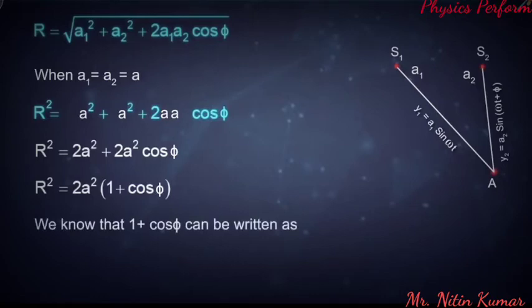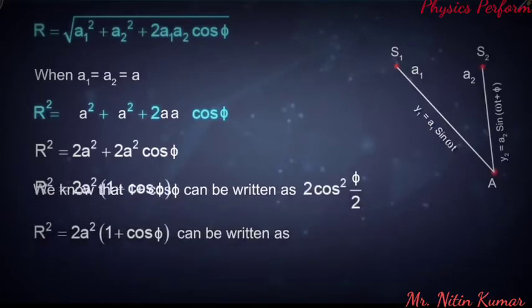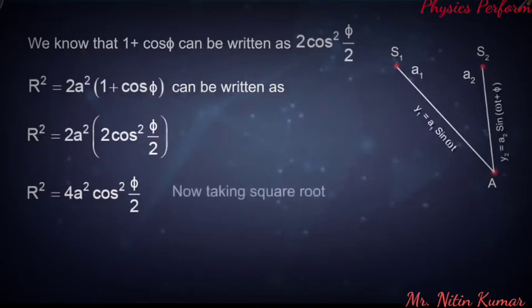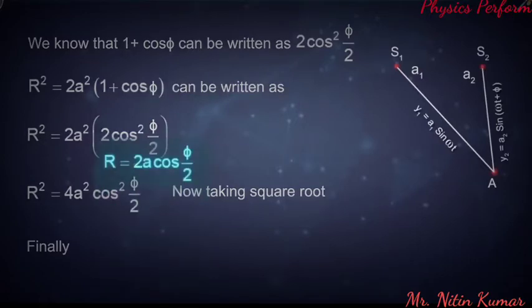We know that 1 + cos φ = 2 cos²(φ/2). Therefore, the above expression becomes R² = 2A² × 2 cos²(φ/2). Therefore, R² = 4A² cos²(φ/2). Now taking square root, finally we get R = 2A cos(φ/2).